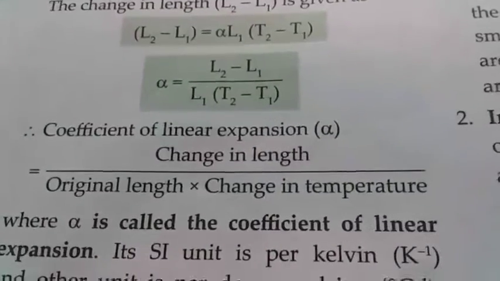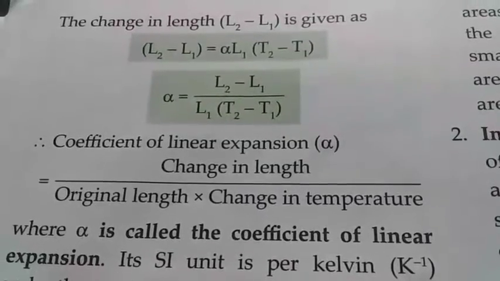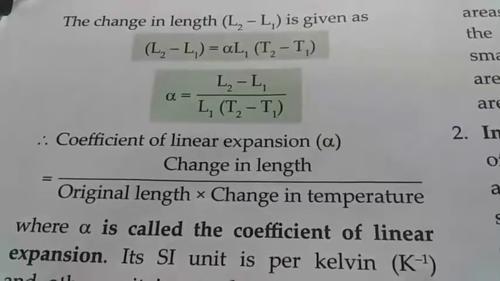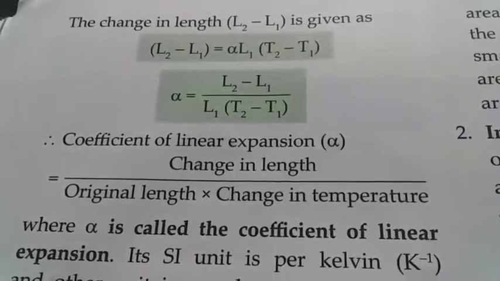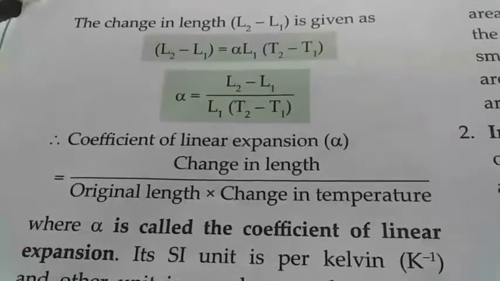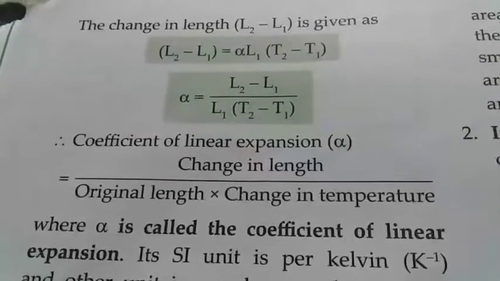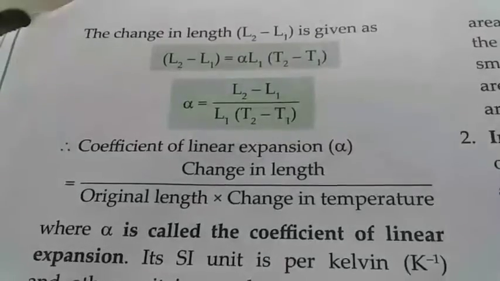The solid rod expands and its length increases. So when the solid rod is heated to a temperature T2, its original length, which was L1, is now L2 due to thermal expansion.